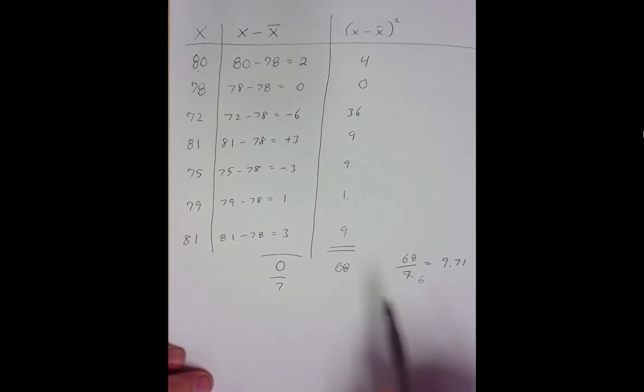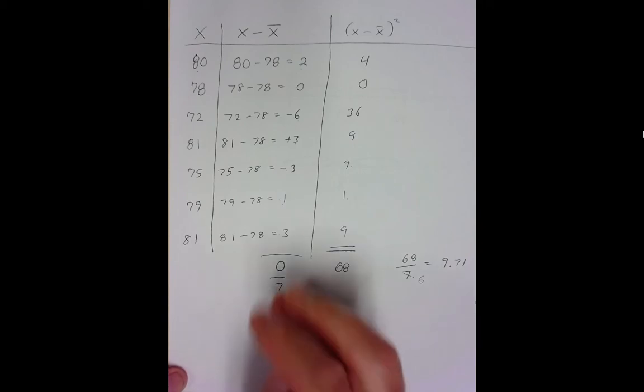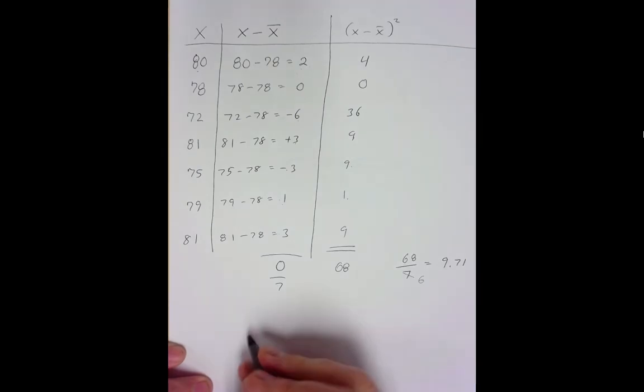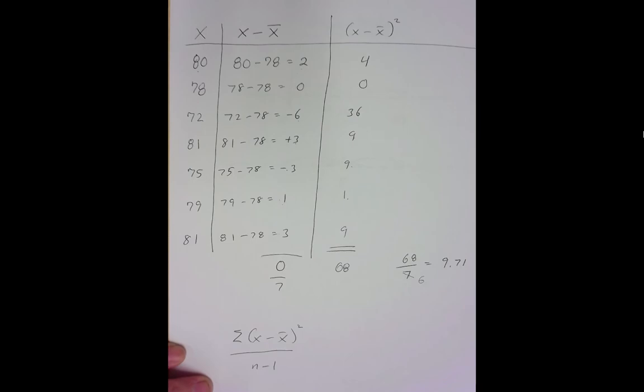Now, let's see what we've got here. What kind of formula have we created? We have taken the x minus x bars squared. We added them up, and we divided by n minus 1.